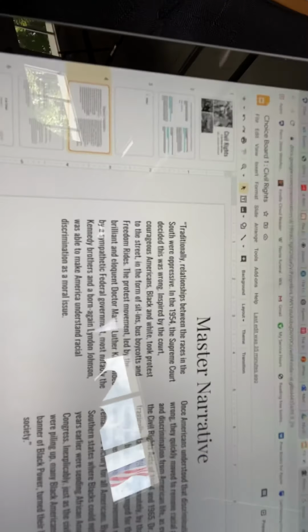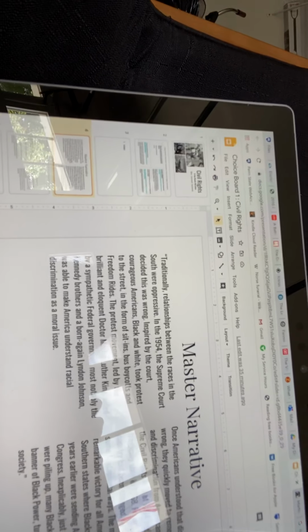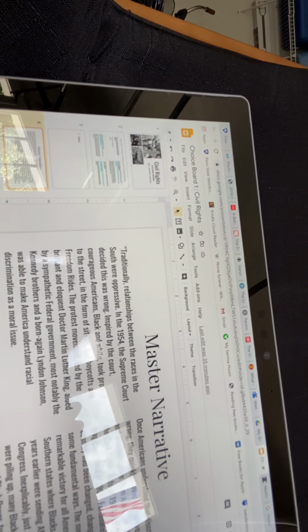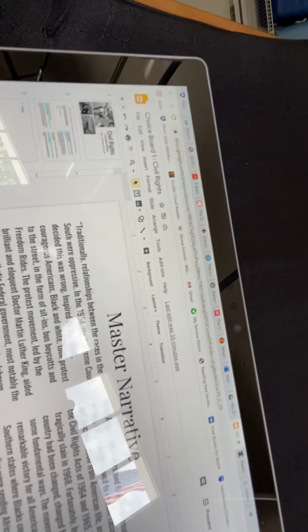But as we're looking at this, let's start to think about what parts in this are warped or are not correct, and then we know that are not correct or have been differently interpreted. So some things that we can look at about this are the way that this narrative frames the federal government as agreeable and amenable to change.